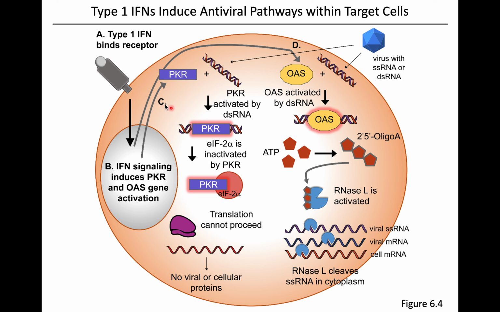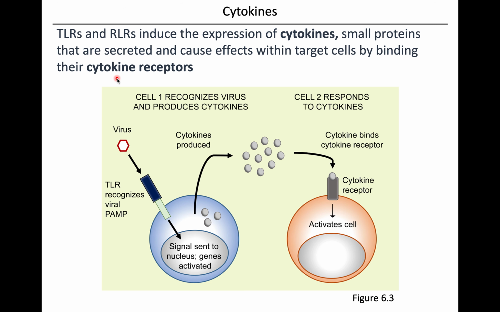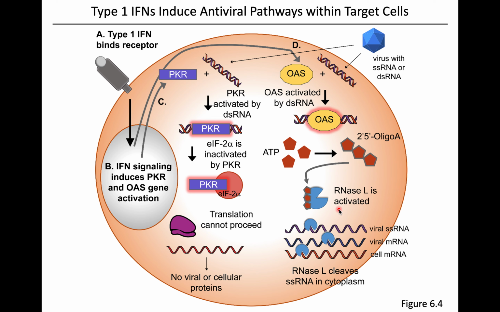So I know this looks like there's a lot going on here, but just to simplify it, here you have your type 1 interferon binding to the interferon receptor, right? So this would be one of these cells, for example. Imagine this is the interferon receptor. Here's the cell producing the interferon, so it's getting that signal. So that activation now is going to trigger the production of these two proteins, PKR and OAS.